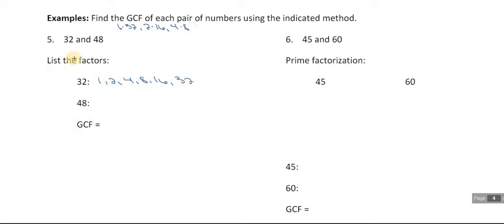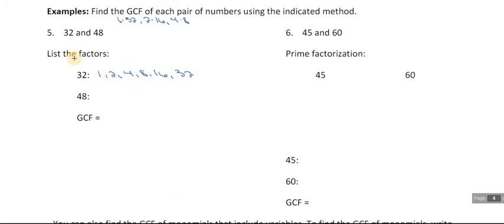My factors of 48 as factor pairs: 1 times 48, 2 times 24, 3 times 16, 4 times 12, 5 doesn't work, 6 times 8, 7 doesn't work, 8 does, but then we're back to 8 times 6, and we'll be in the reverse.